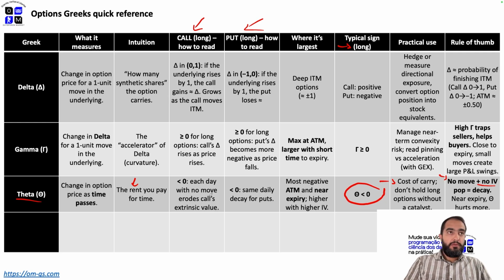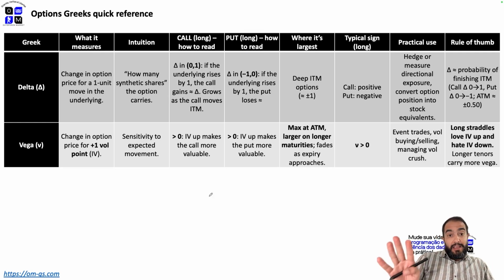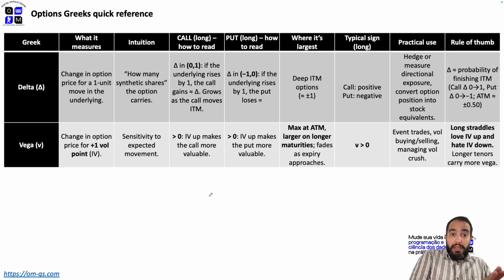Last but not least important, it's the Vega. It relates to the implied volatility: how much the option price is going to change by a change of 1 point in the implied volatility. So it's the sensitivity to an expected movement. That is the main intuition.